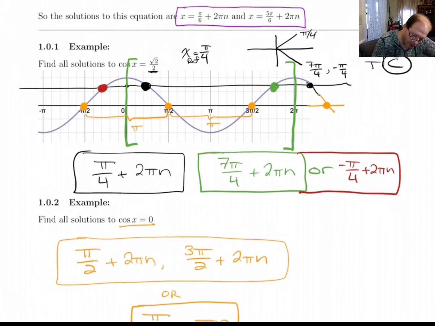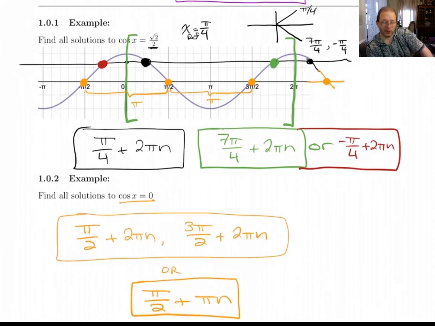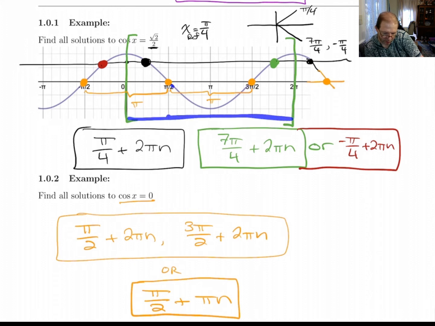And the reason we can do that, looking at the graph, is because the solutions are equally spaced within this first period. Notice these are equally spaced. It's always pi between them. That wasn't the case for the other ones. It only works out like this because it happens to be on the x axis.